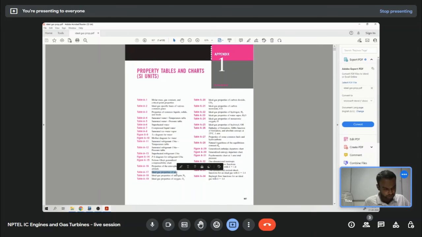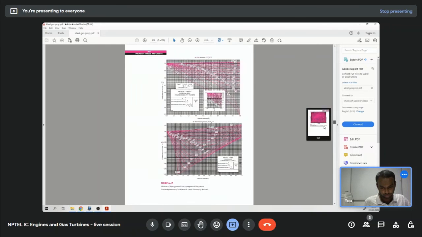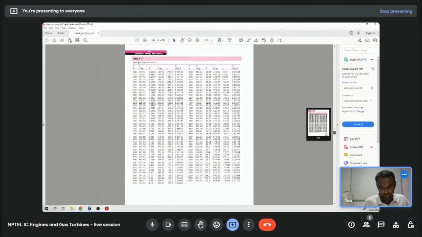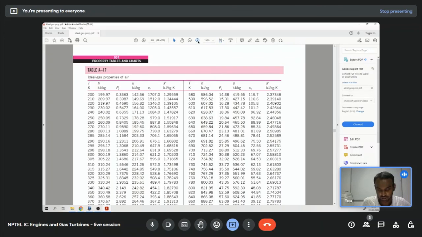Okay, ideal gas properties of air table. For such problems, when there is a temperature and you want to calculate the enthalpy at a particular temperature, instead of just multiplying with the Cp, we should go to the table and find the enthalpy for the particular temperature.